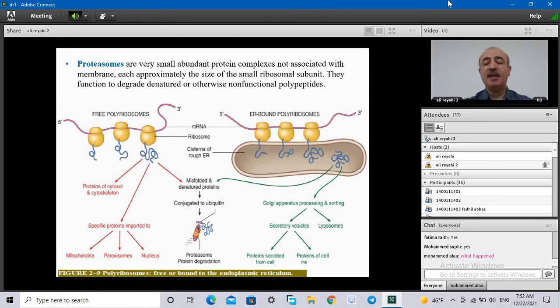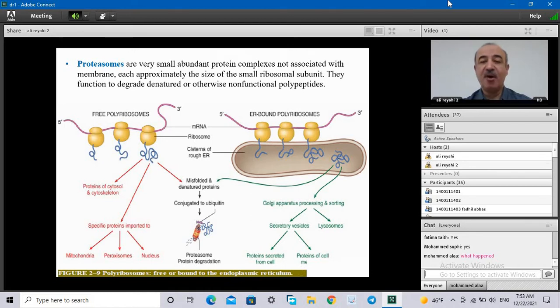The other organelle within the cytoplasm is called proteasome. Look at the proteasome. This is the shape of the proteasome. It's cylindrical, like a cylinder. The proteasome doesn't have a membrane, okay, and it's very small.